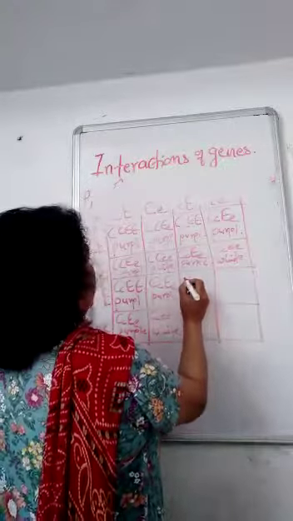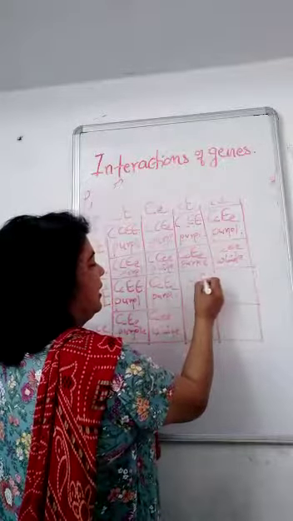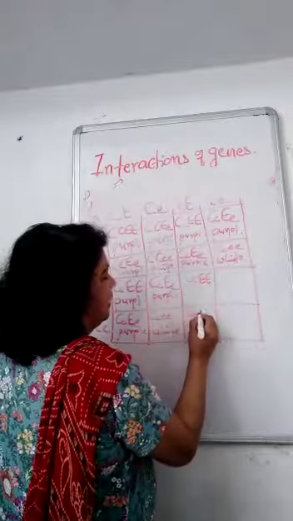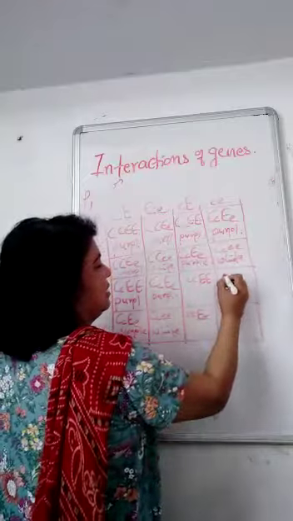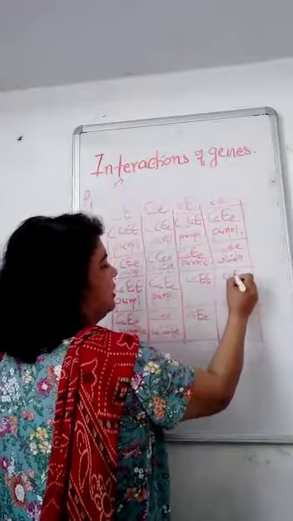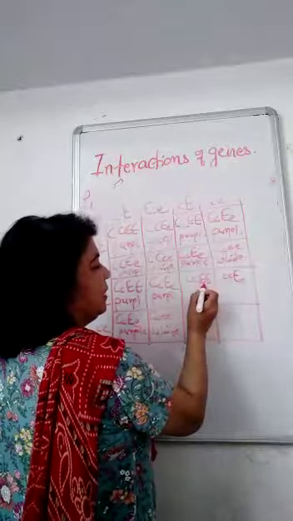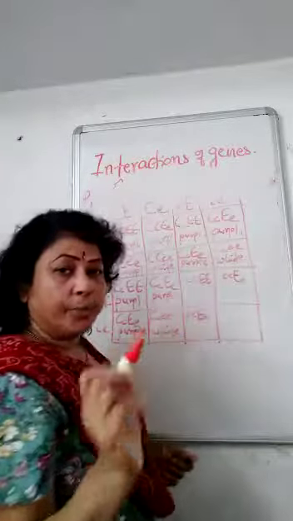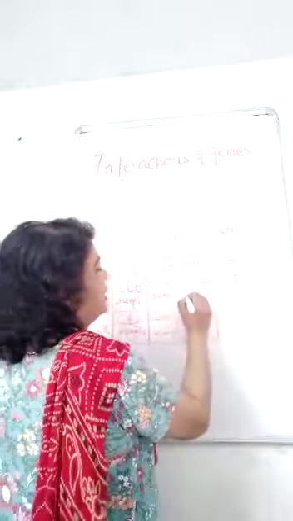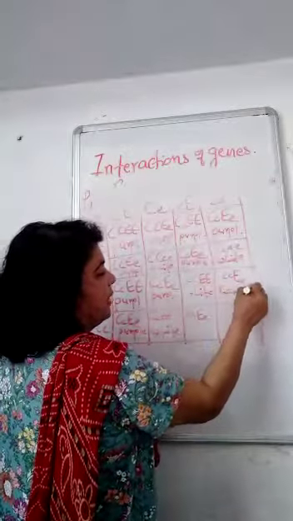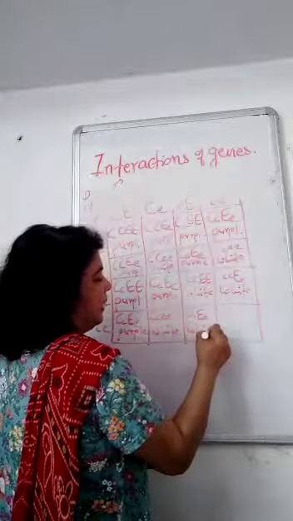That means here the small c and E, it is in homozygous condition. Here E is in heterozygous condition. Small c, capital E, small e. So here also only one gene is in dominant condition. Therefore, it is also white. It is also white. It is also white.